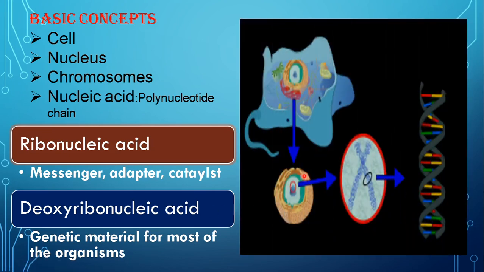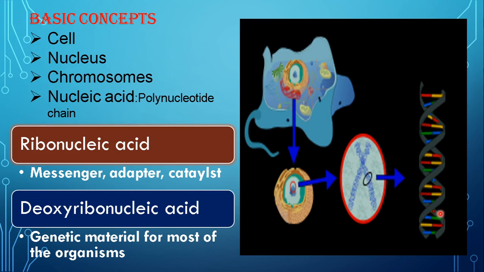Now a little more, this is the cell. The cell has the nucleus. The nucleus has the chromosomes, you can see these are the chromosomes, and these chromosomes are made up of nucleic acid.